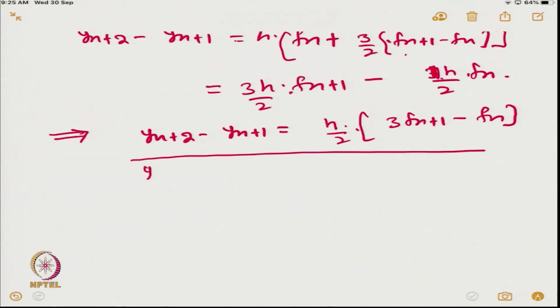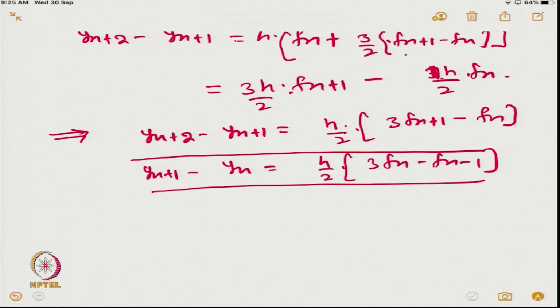I can write yn plus 1 minus yn equals h by 2 times 3 fn minus fn minus 1. In the last lecture you must have seen it in the following form. So, that does not matter, because n can be anything here, I am replacing n with n minus 1. So, we can get the following terms. Okay.